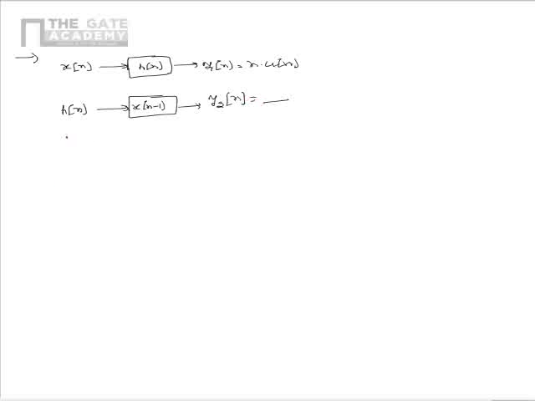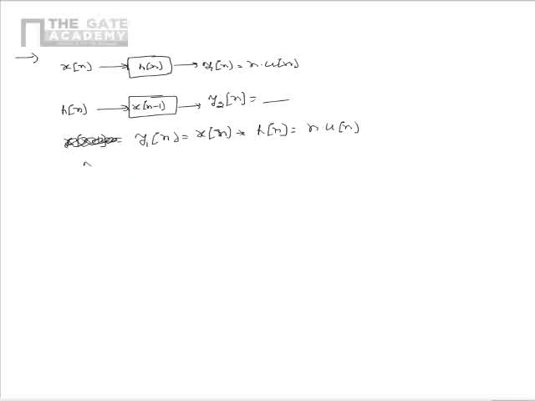From the first system we see that y1(n) can be represented as x(n) convolved with h(n), which is equal to n u(n).